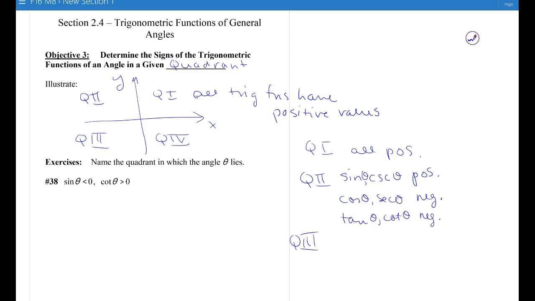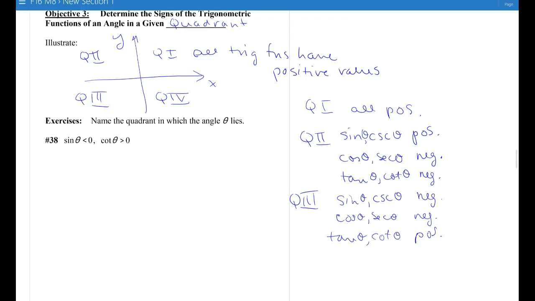So then in quadrant 3, we have the sine and the cosecant negative. So see that the reciprocals always have the same positive or negativeness. Cosine and secant are also negative, but tangent is the ratio of sine to cosine. So now you're dividing a negative by a negative. So those are going to be positive.